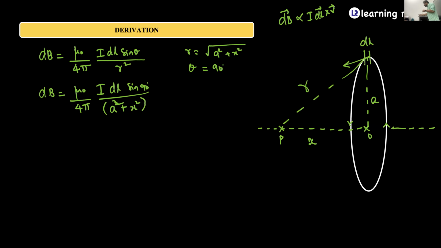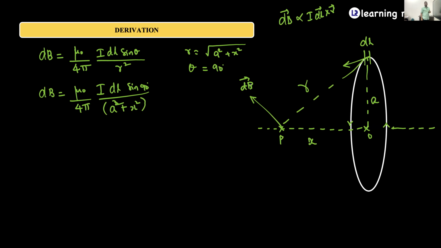The complete orientation will look in this way. You can see in whatever orientation you want that dB vector is perpendicular to dL vector and R vector. It should be perpendicular to both. But the question to be answered is, why only this direction? Why didn't I draw it perpendicular like this?